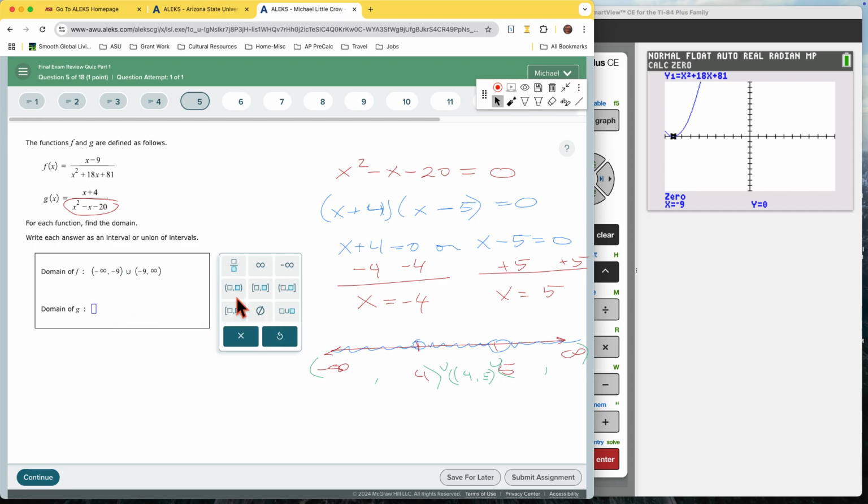Okay, let's just do this one step at a time. Negative infinity to negative 4. Again, oops. Sorry about that. So I come back here. Sometimes you get going too quick. This was a negative 4, and this is a negative 4 as well.